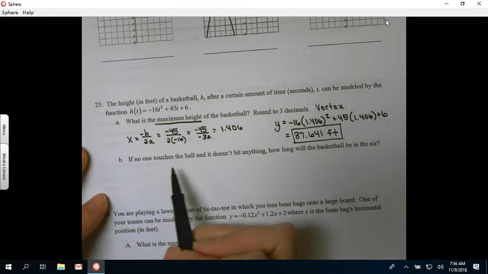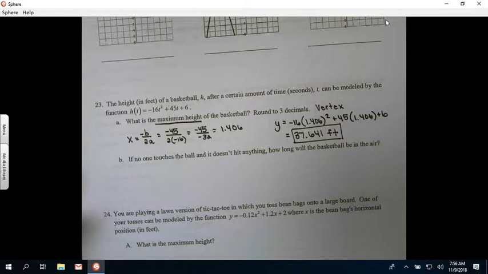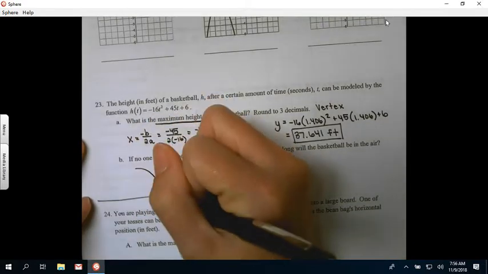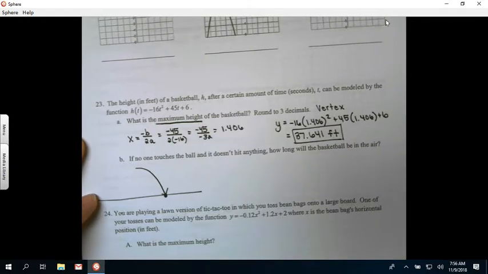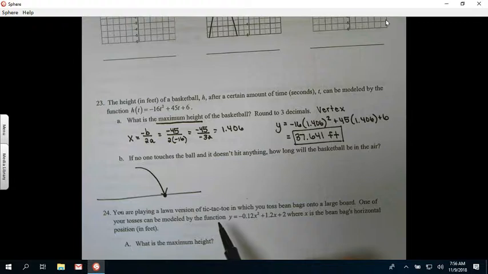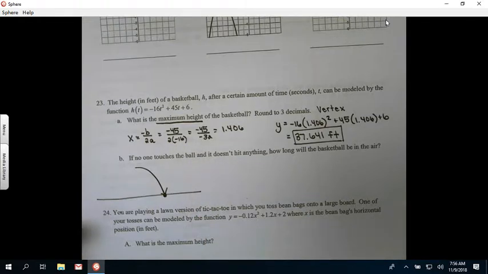If no one touches the ball and it doesn't hit anything, how long will it be in the air? We're basically asking, when will it come down here and hit the ground? Well, we know that those are zeros of my function, so I need to find the zeros of this, or the x-intercepts. That is what we did last unit.